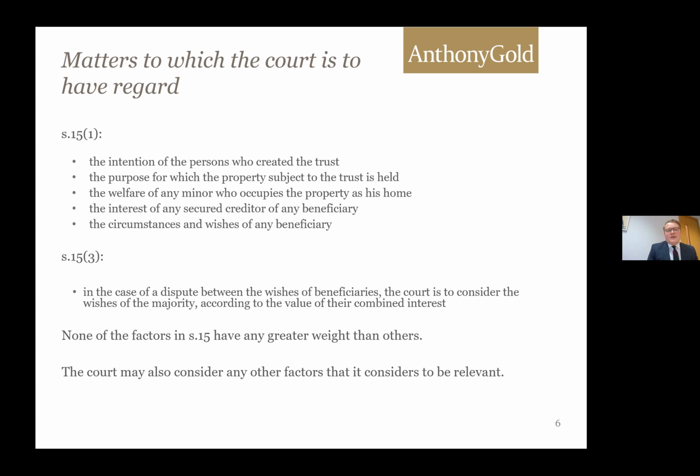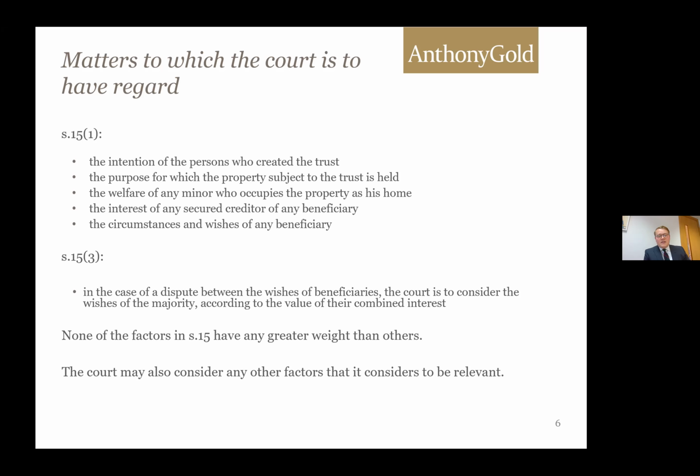Then there are certain factors which the court has to take into account when deciding whether to make an order for sale. These are listed in Section 15 of TOLATA. They include the intention of the people who created the trust, the purpose for which they purchased the property, the welfare of any child who lives there, the interest of any secured creditor of any beneficiary, and the circumstances and wishes of any beneficiaries.